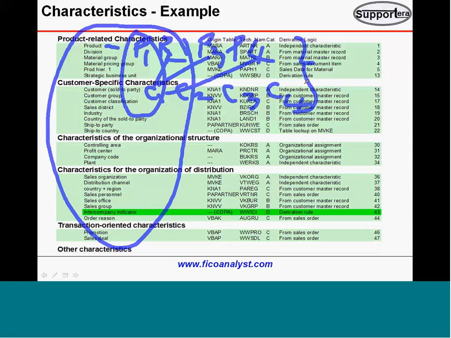But what is it that you are analyzing for this segment? You are analyzing your revenue and your cost, and revenue minus cost makes your profit.